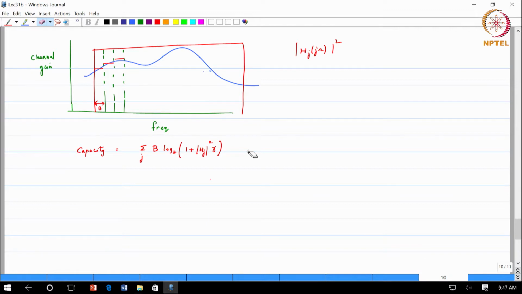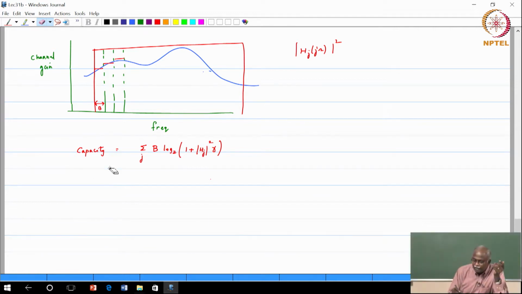So, the capacity formulation can now be enhanced to do the following. It is the summation over the maximum, over the power allocation of these channels, such that the summation of the power allocated to each of these subbands is less than or equal to the total power allocation.